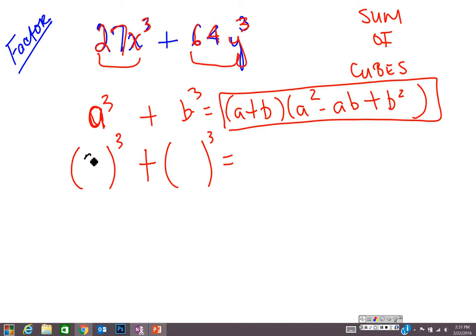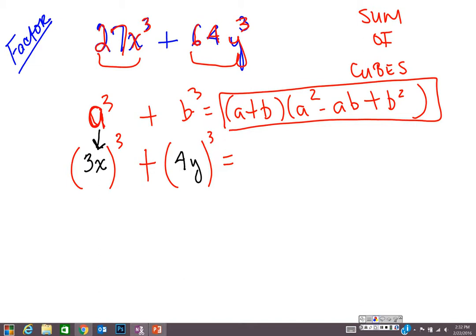So that's 3x, because 3x times 3x times 3x will give you 27x cubed. So your a is 3x. What cube will give you 64y cubed? Or in other words, what is the cube root of 64y cubed? It is 4y, because 4y times 4y times 4y is 64y cubed, or 4y quantity cubed is 64y cubed.